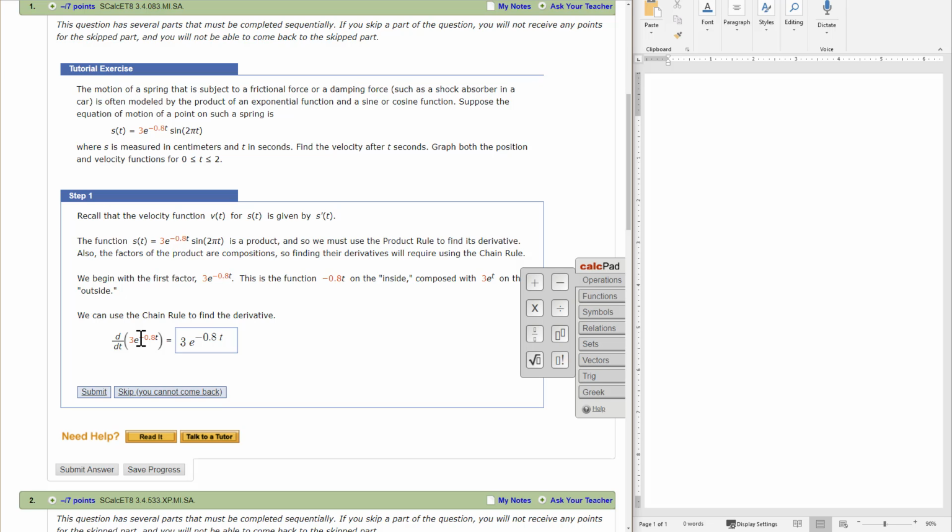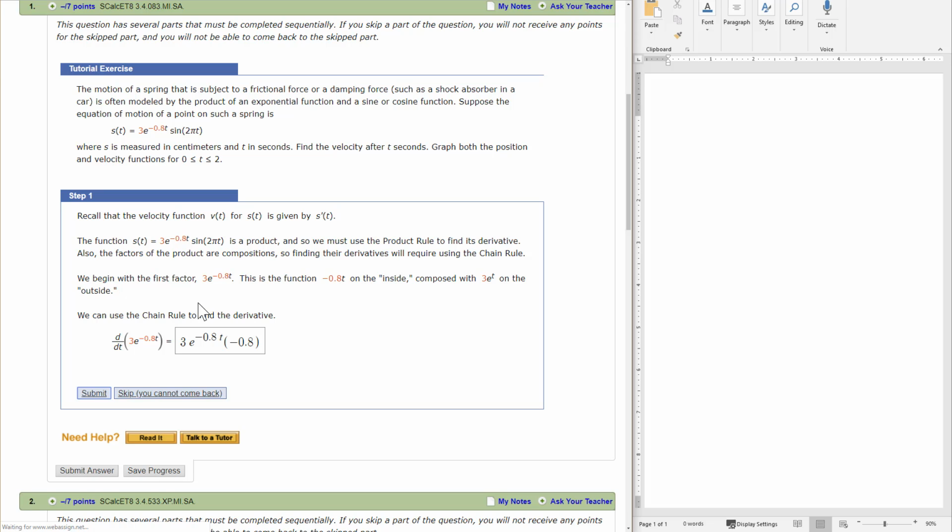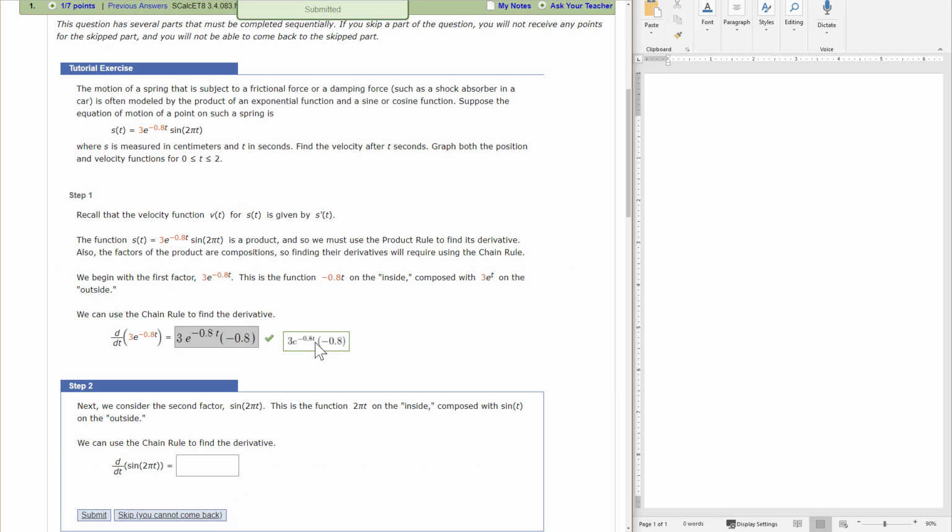But since that power of e is more than just a regular variable, we're going to multiply by the derivative of the power. So this is the power, negative 0.8t, and the derivative of that is going to be negative 0.8. So that's our first factor.